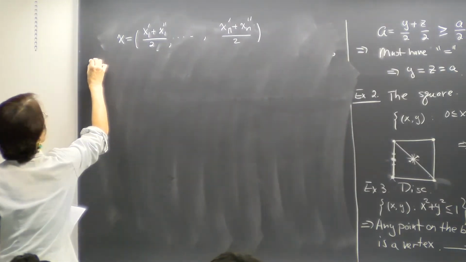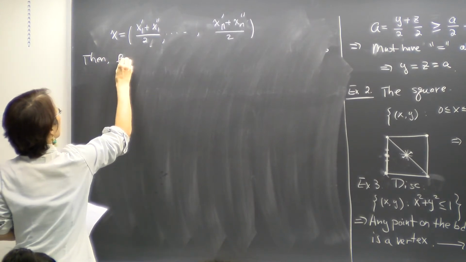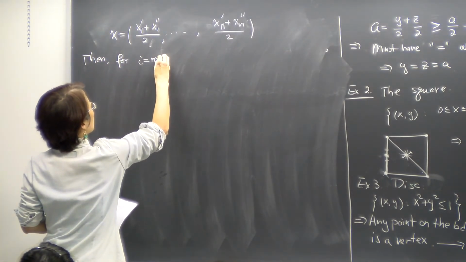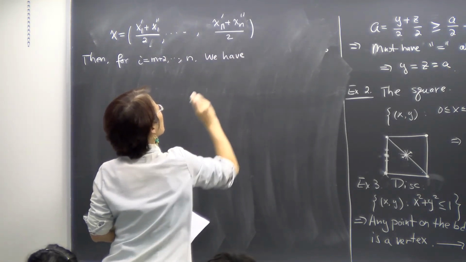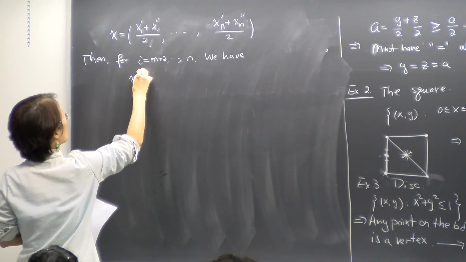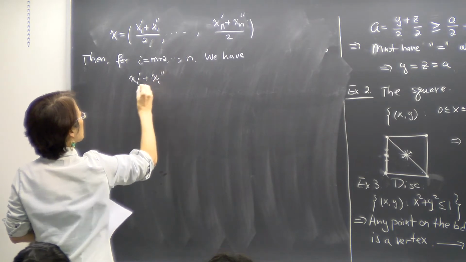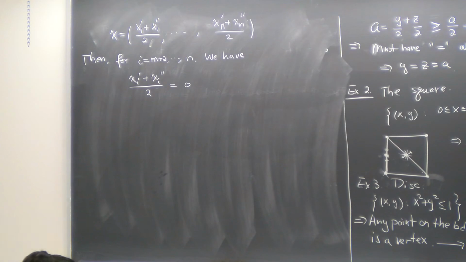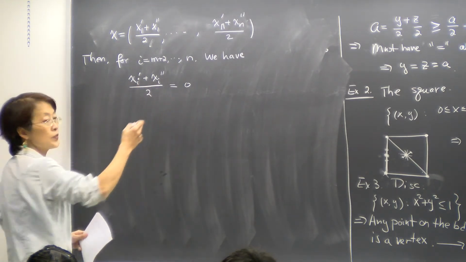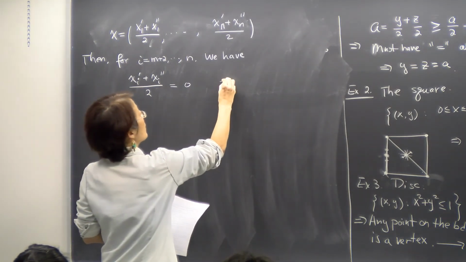So I know the following: for i from m plus 2 to n, xi prime plus xi double prime, times half, must be 0. And x prime and x double prime are all non-negative. The same argument goes again. What do they have to be? If these are non-negative and they add up to be 0, they must be 0.